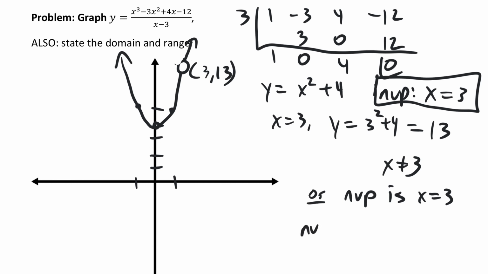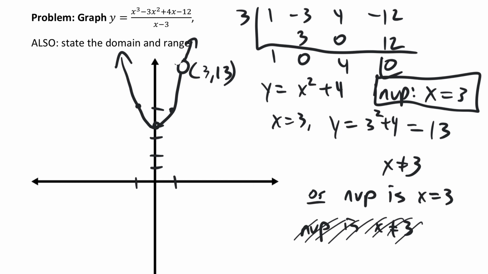If you said the NPV is x not equal to 3, in English you would be saying the non-permissible value is x not equal to 3, but that's a double negative. So then you're saying x can be 3. So just be careful here. If you write the NPV, you've already said not, so you don't have to put another not equals. It just doesn't really make sense in English.